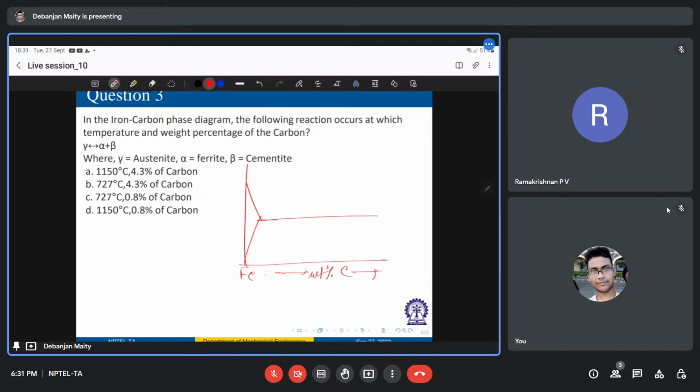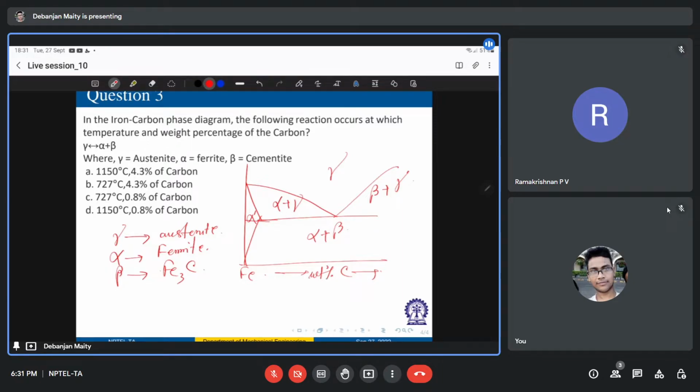So this is alpha, this is alpha plus gamma, this is gamma, this is beta plus gamma, this is alpha plus beta. What is gamma? Gamma is austenite, alpha is ferrite, and beta is cementite, which is Fe3C. So what happens in the eutectoid reaction?